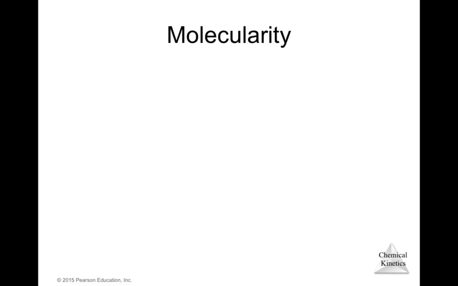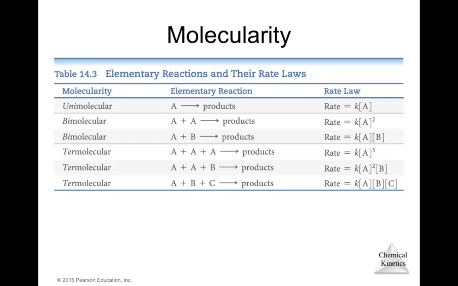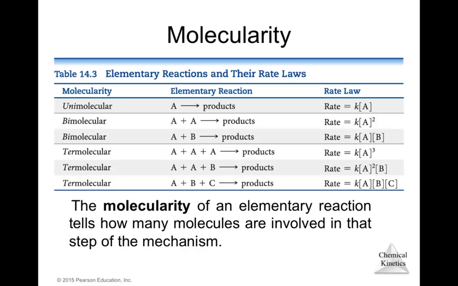These elementary processes can have different numbers of reactants, and this is called the molecularity. The molecularity of an elementary reaction tells us how many molecules are involved in that step of the mechanism. So if in one step we just have one molecule, it is called a unimolecular elementary step, and this is just one reactant for that specific step, okay?